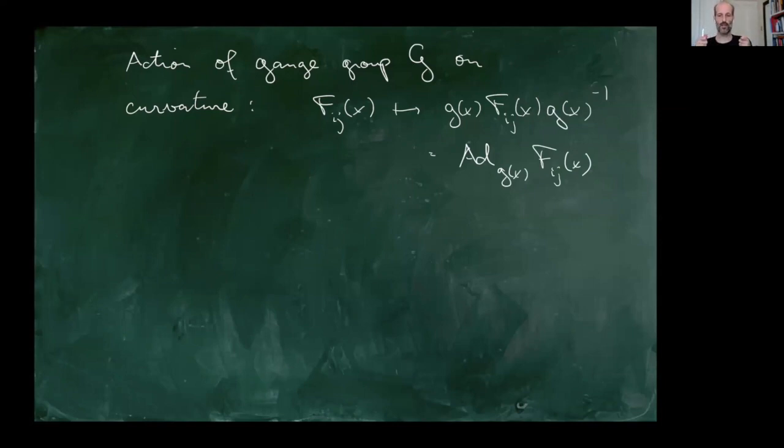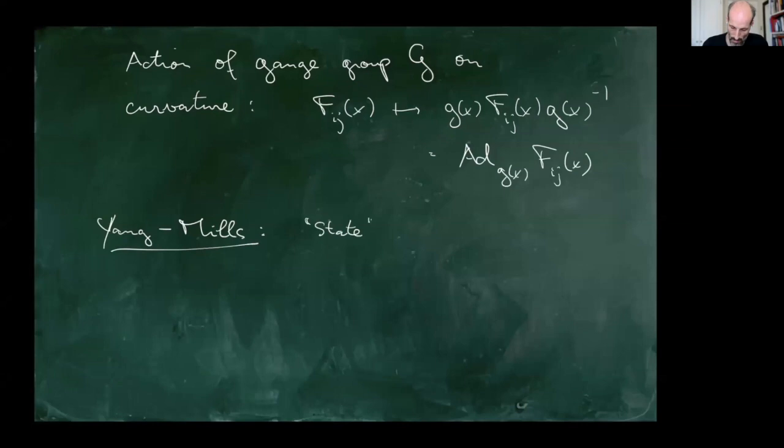But the pure Yang-Mills is an action just for the connection A. So now my state is this one form A, but it's really a connection rather than a one form, because it transforms in this slightly weird way with this additional term.